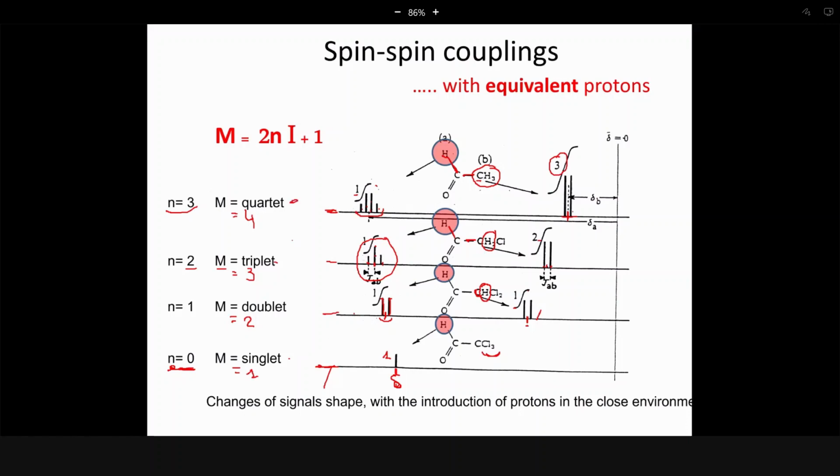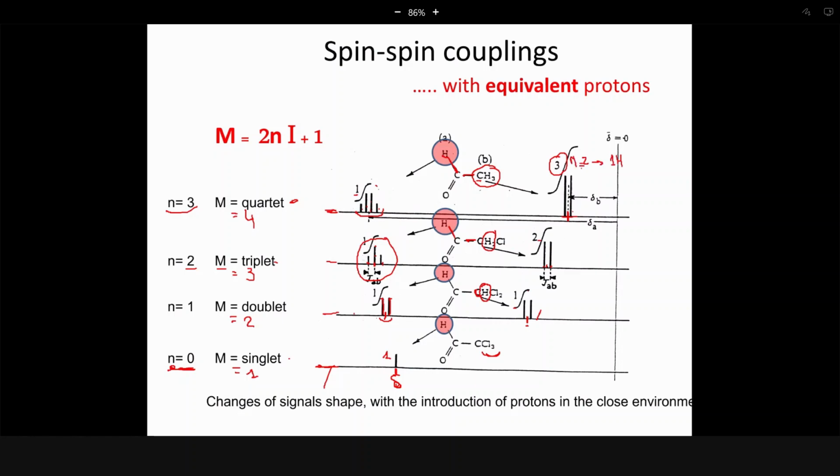But if I consider these signals, the methyl group, I know it's a methyl because the integration is 3, and the chemical shift is around 1 ppm. And when I look at the shape of the signal, I see 2 lines. If there are 2 lines, that means that in the neighborhood of the methyl group, I have only 1 proton.